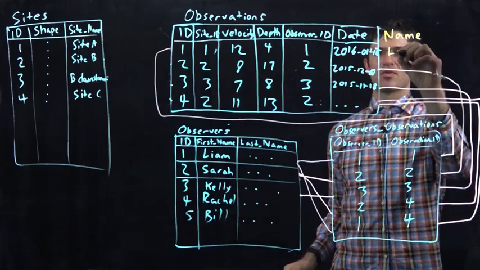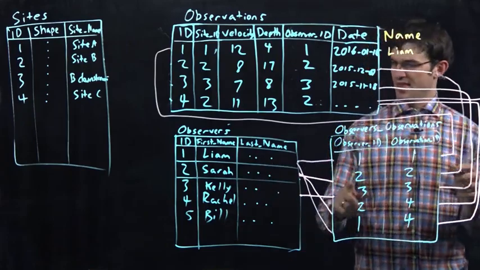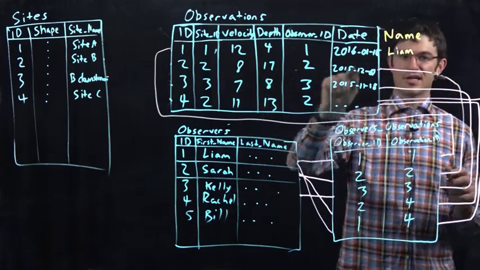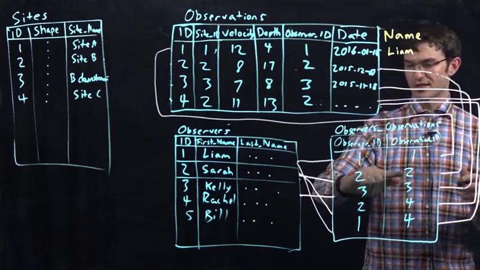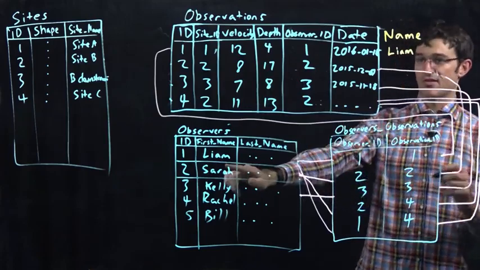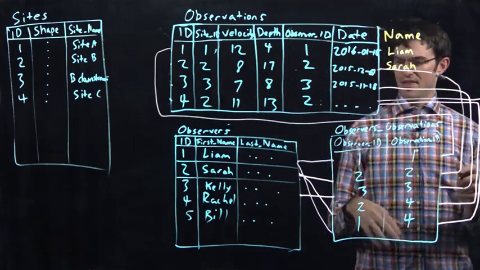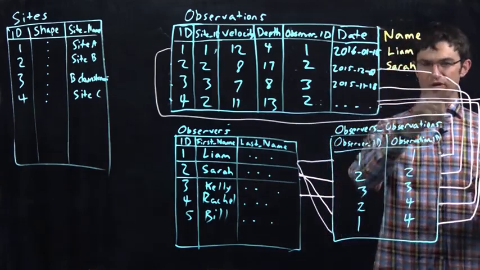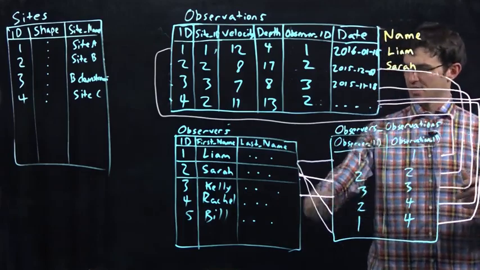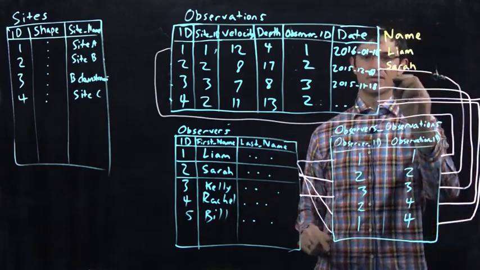So Liam was here. And then record ID 2 kind of comes down here, and it turns out that it's observer ID 2, and that's Sarah. So Sarah was there. And then number 3 traces back here like this. And that goes to Kelly.